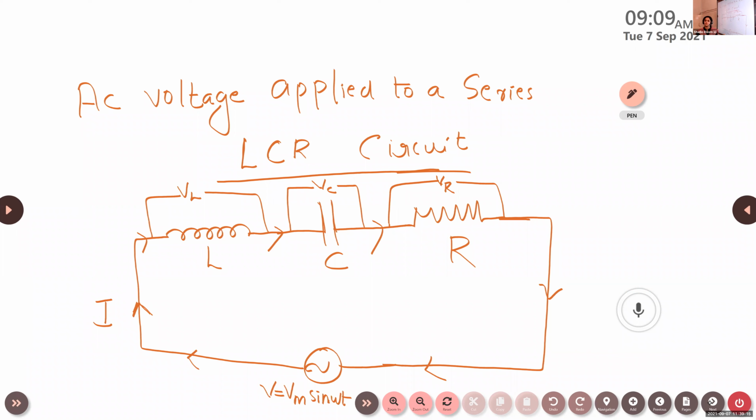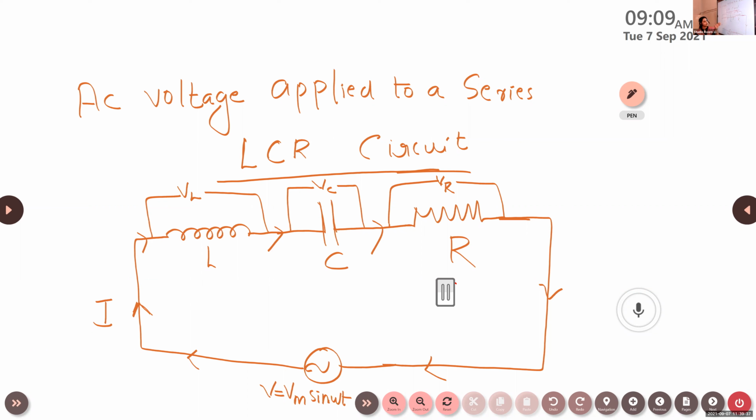Then an alternating source of EMF V is equal to Vm sin omega t is applied to this series combination. Since it is a series combination, the current flowing through the inductor, capacitor and resistor will be the same. But the voltage developed across each component will be different.